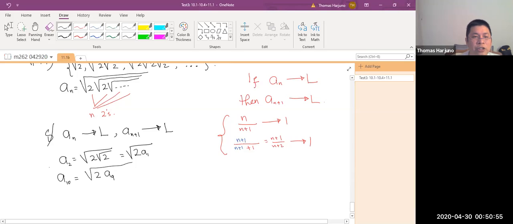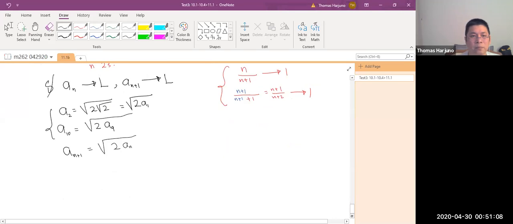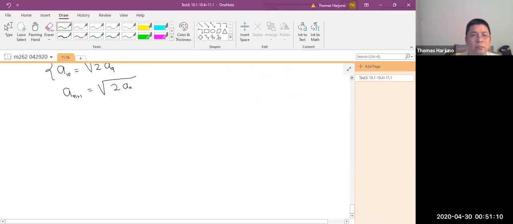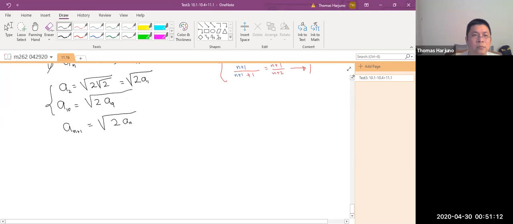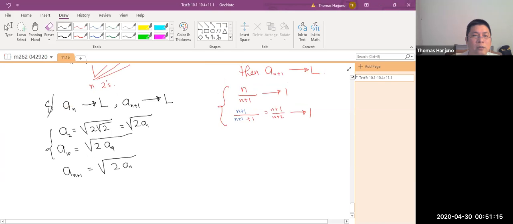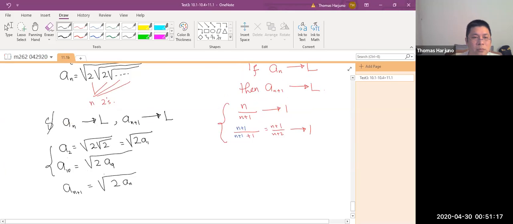So in general, you can see the next term is equal to square root of 2 times the current term. Can you follow me so far? This type of question actually shows up a lot in math competition problems.